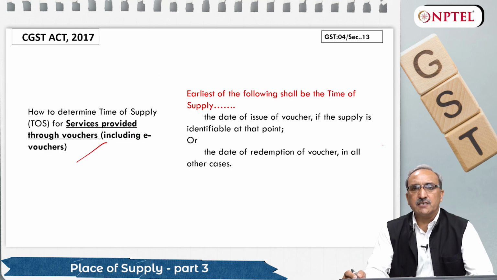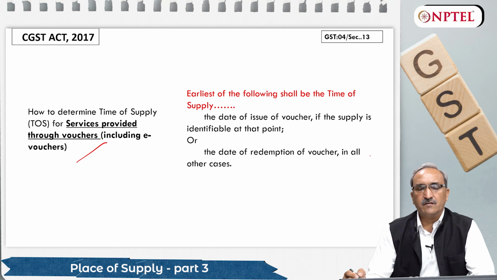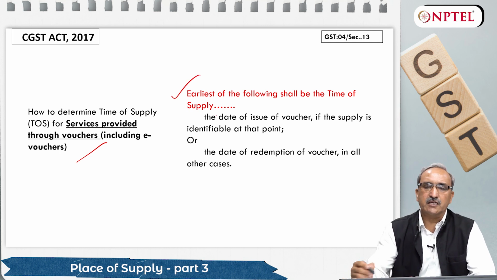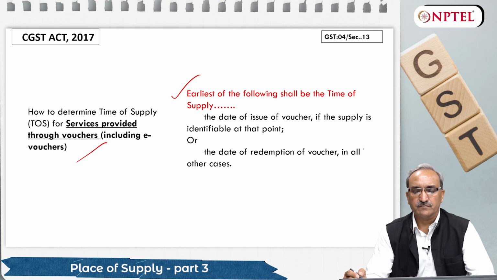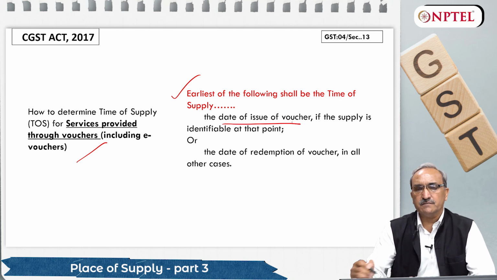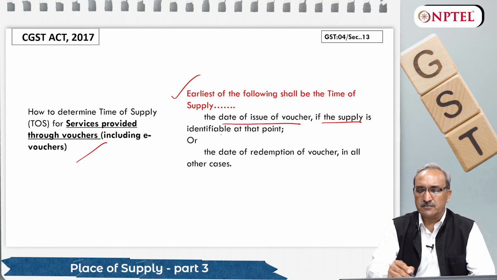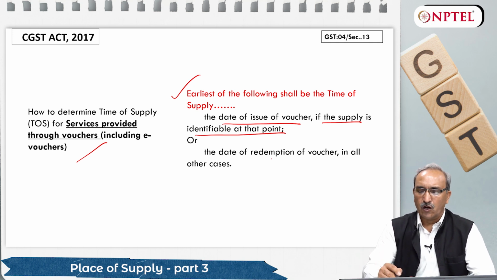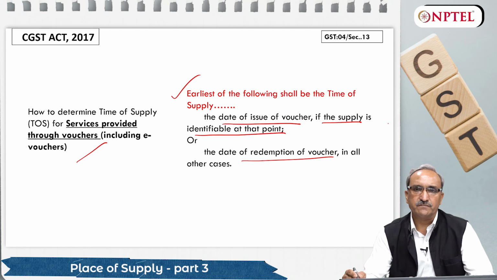If there is a voucher issued for services with some purchases or otherwise, then how will point of supply be decided for a voucher given for services? Again, earliest of the following: date of issue of voucher, if supply is identifiable at the time of voucher, as I told you in the case of goods, or date of redemption of the voucher, whichever is earlier.